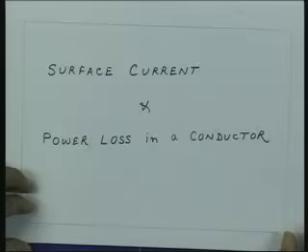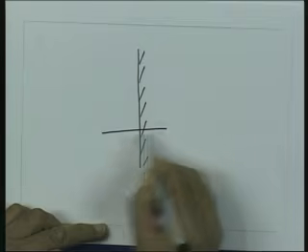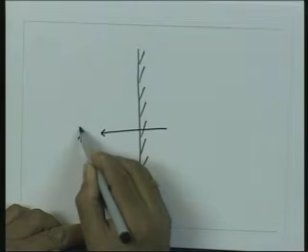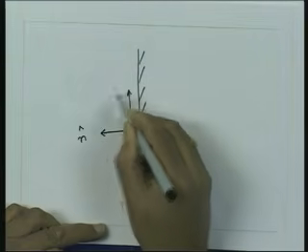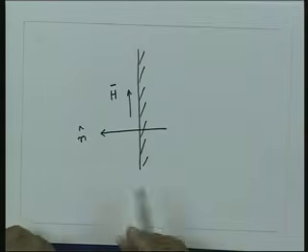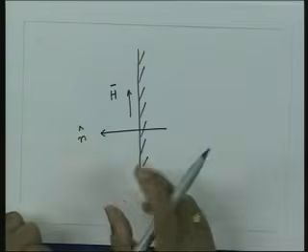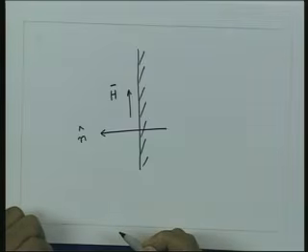So, first we discuss the surface current, and then we will go to the power loss in a conducting surface. One can ask a very simple question: if you have a conducting surface, we have already said that if the normal to this conducting surface is given by n, and there is a magnetic field H on the conducting surface, then n cross H gives me the direction of the linear current density, what is called the surface current.